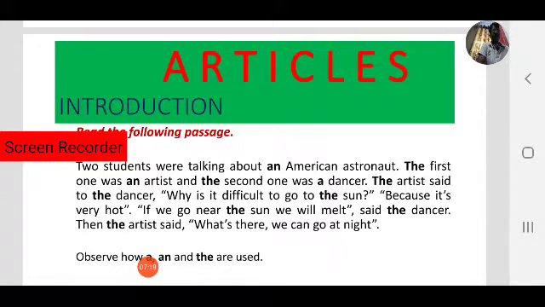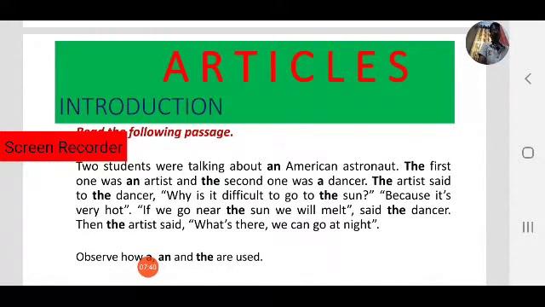An is an indefinite article, not particular. If we want to use the same American astronaut again, then we can say the American astronaut. But the first time we are using it, so that is the indefinite article, and an is used because American begins with a vowel sound.